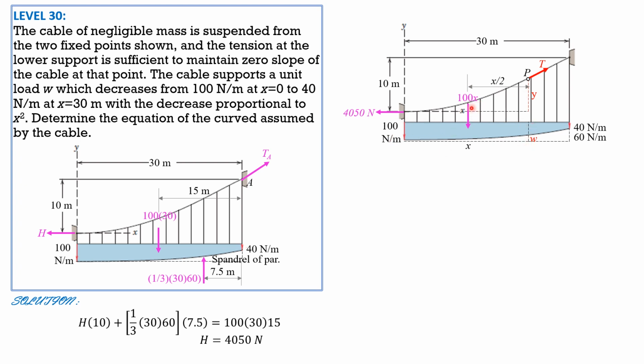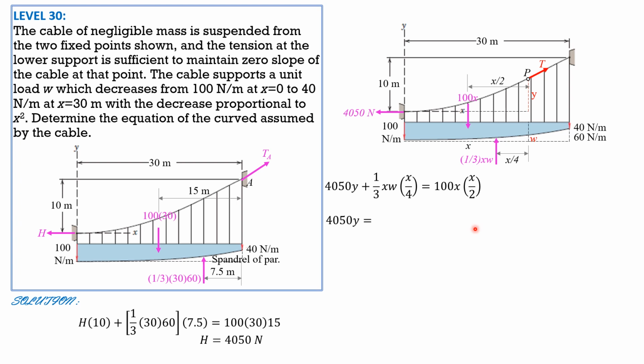The centroid is 1/2 of x, and for this spandrel, the value is 1/3 of xW, and this distance is x over 4, as shown in the figure. So summation of moment about P equals 0: 4050 times y plus 1/3 of xW times x over 4 equals 100 times x over 2.